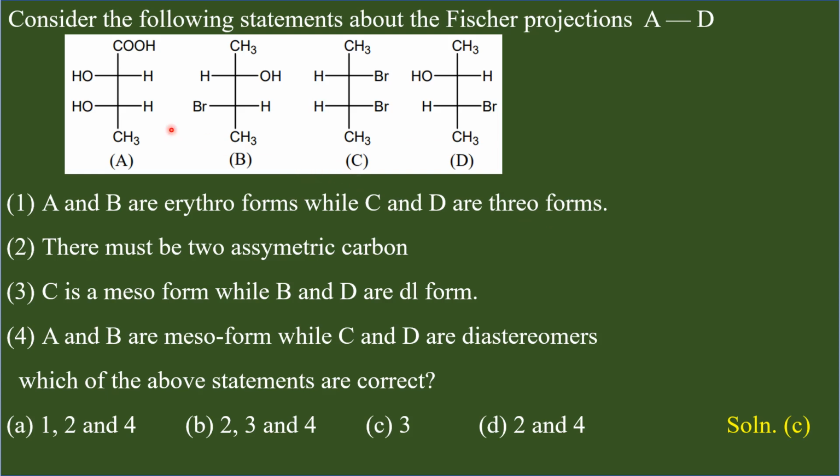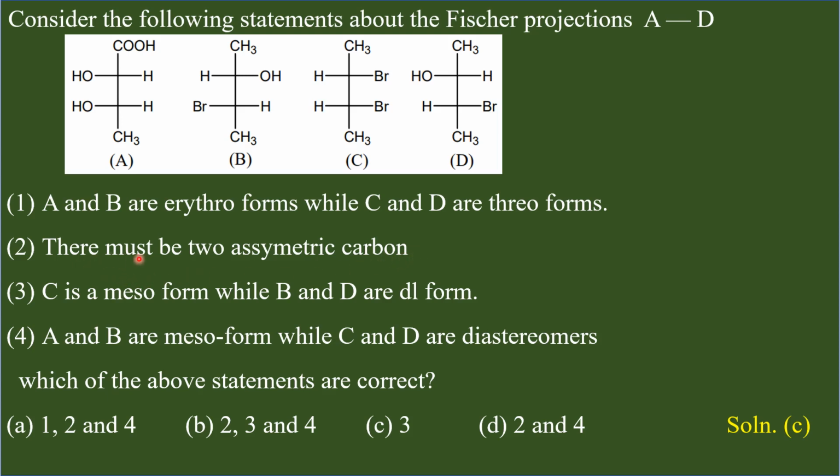So now you have to find out whether A and B are erythro and C and D are threo. There must be two asymmetric carbons for assigning erythro and threo notations. So you have to identify whether these statements are correct or wrong.